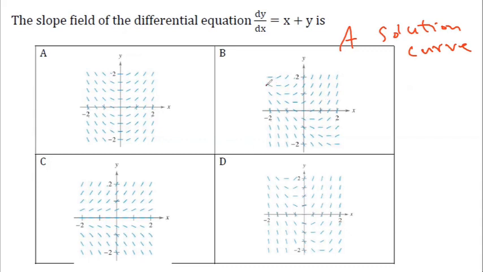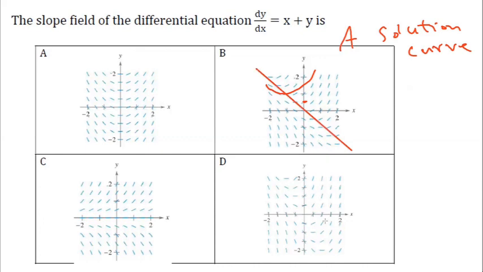For example, a solution curve will look something like this. Another solution curve, if we choose any arbitrary point as a starting point and go between the lines, will look something like this. Suppose we have a solution curve and you're asked about its intersection with the line x plus y equals 0, which is y equals negative x.